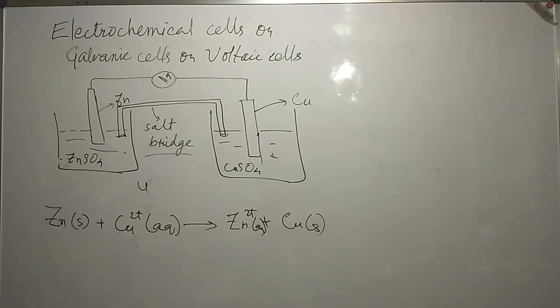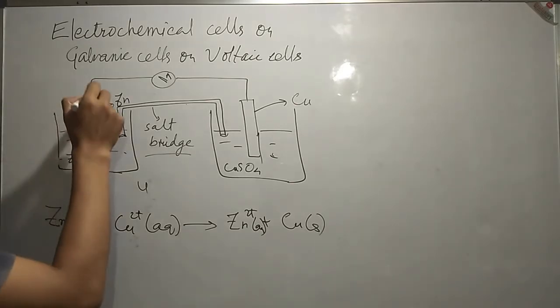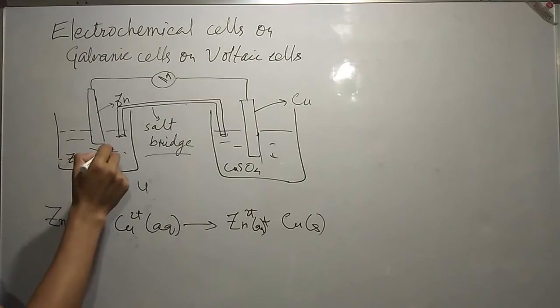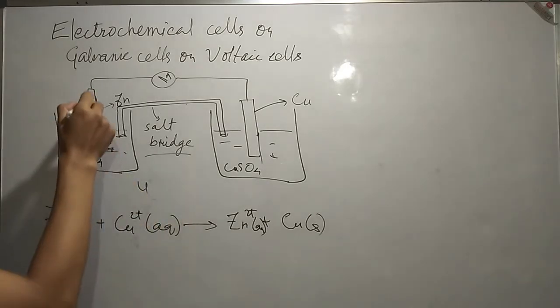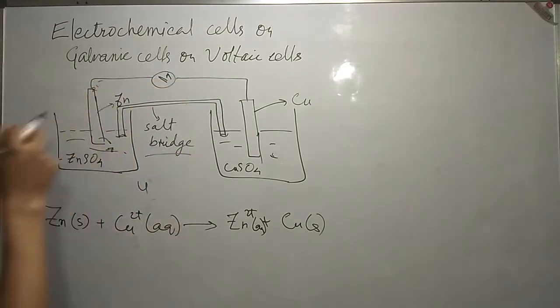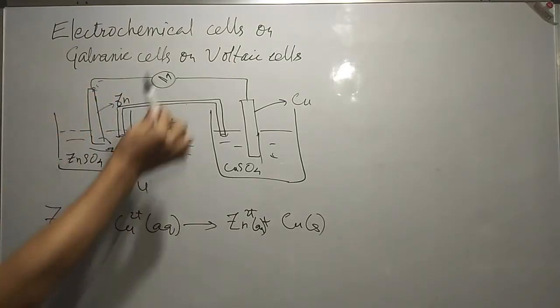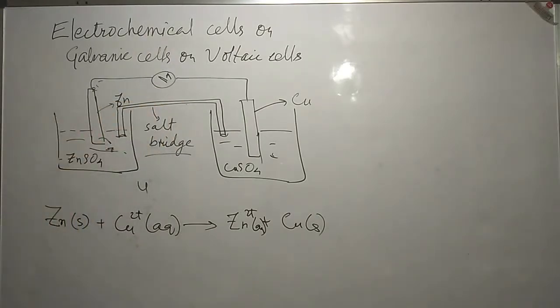During this course there is a flow of electrons, since Zn undergoes oxidation by the loss of electrons. The electrons will move from the zinc rod towards the copper rod, therefore electrical energy is produced and the deflection will be towards the left side, opposite to the flow of electrons.